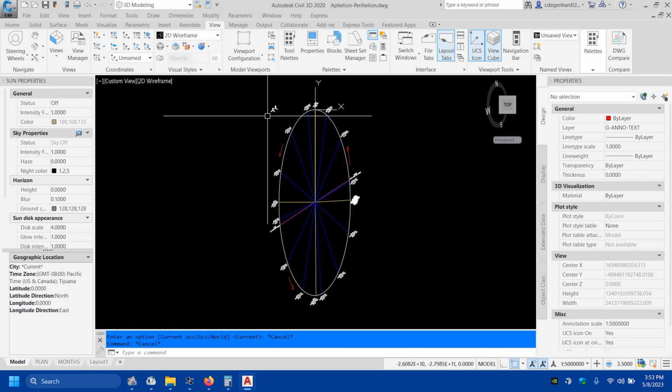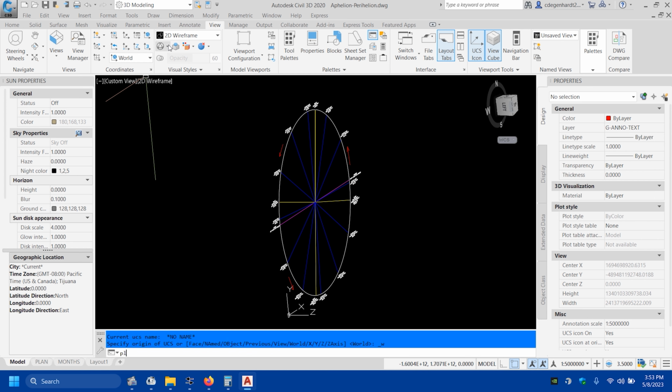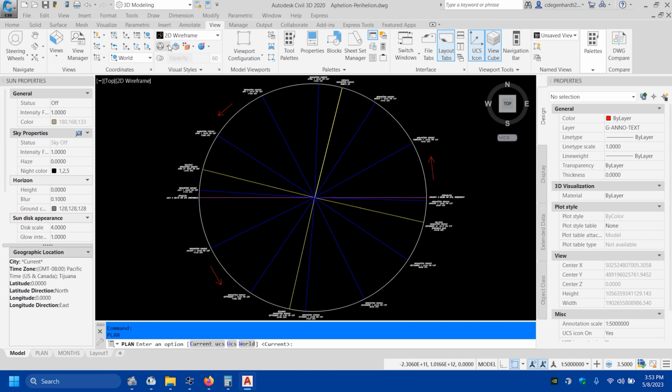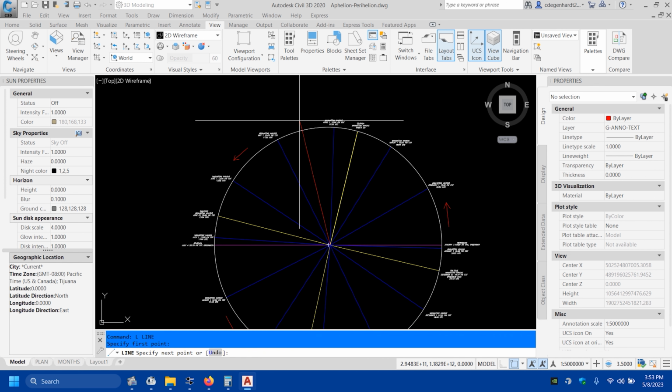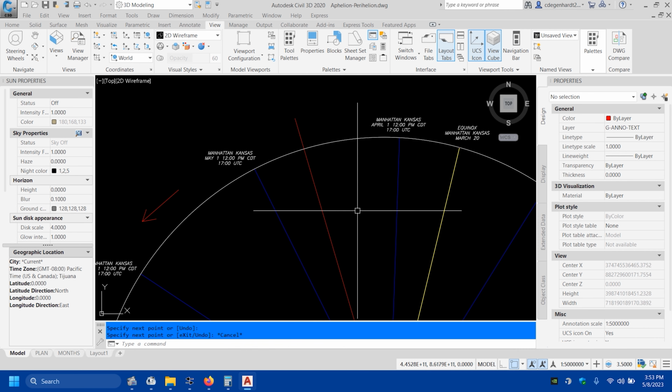Alright, so here's what I want to do. We'll pick a point and see if I get the same measurements. Like we'll just pick right here. Copy.